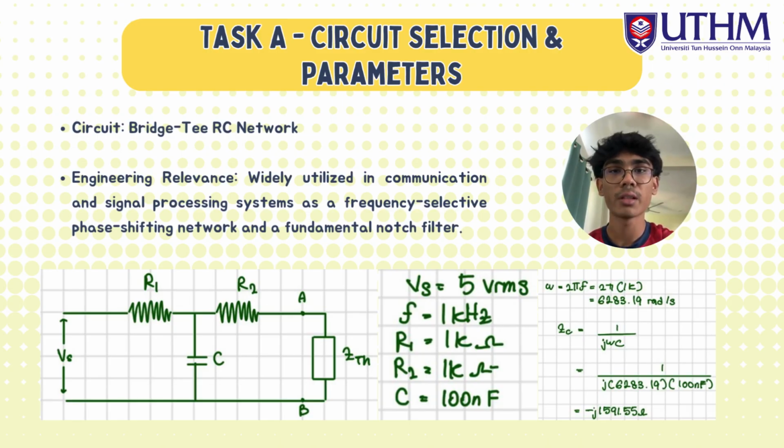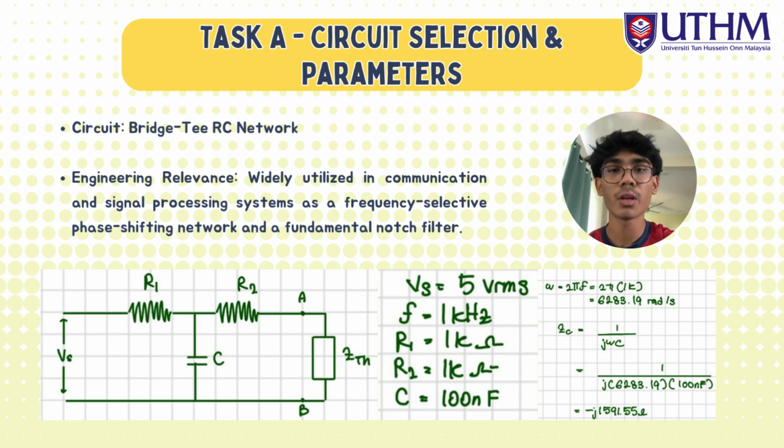This type of circuit is widely used in communication and signal processing systems because of its ability to selectively respond to certain frequencies and create phase-shifting effects. From an engineering perspective, this network is important because practical systems often need to drive loads with different impedance values.